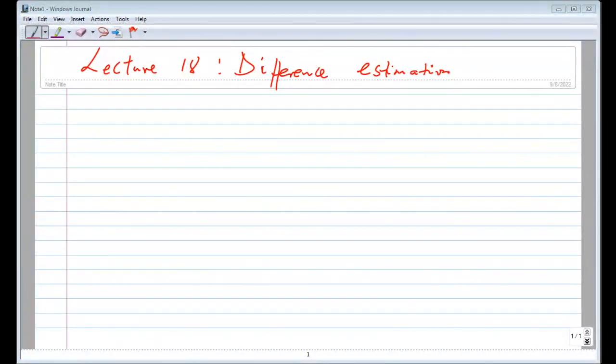Okay. So the question is, how do you estimate the population mean, population total, and the variance in difference estimation?